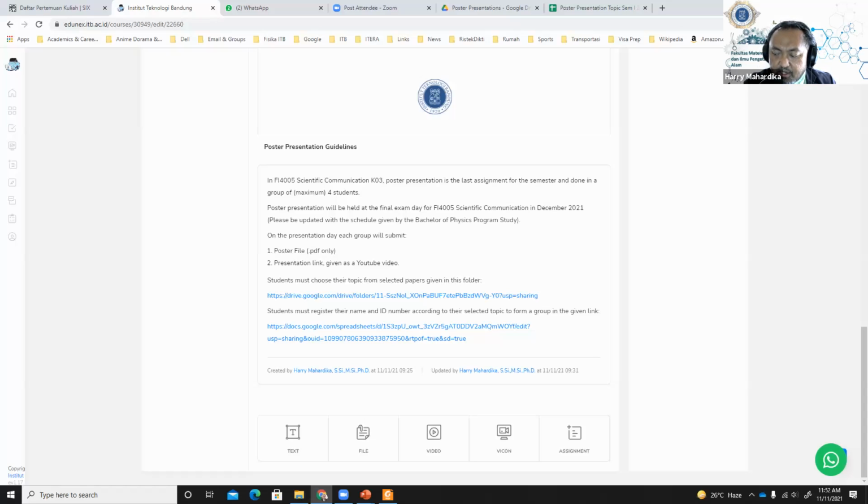The determination of the poster template and paper size will be done in the next meeting, I guess. What I need to do later on is post an update in the poster presentation guidelines about the size and the templates that you need to work on.